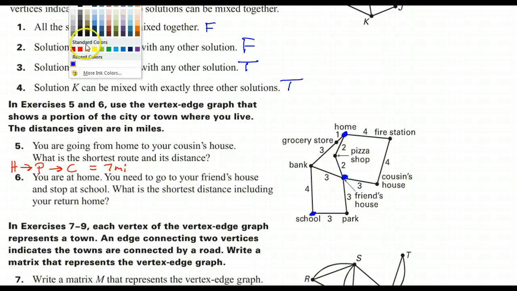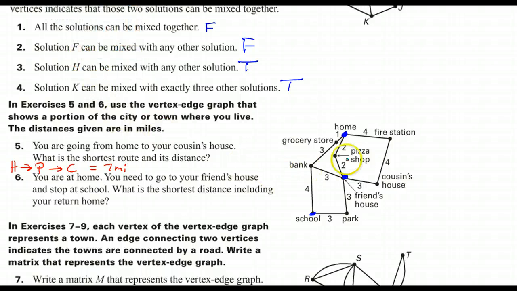To me, it seems like it's going to be this type of deal. Say if we went to the friend's house, the shortest distance to the friend's house would be like this. Bam, bam, friend's house. That's a distance of 4 so far.